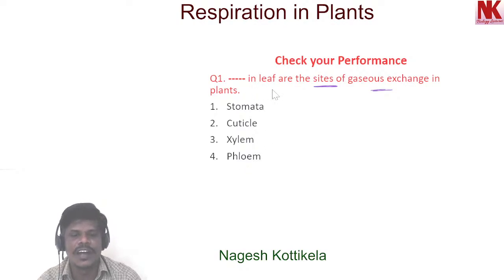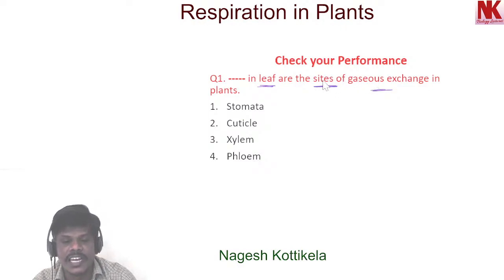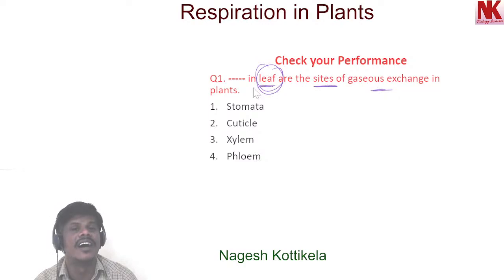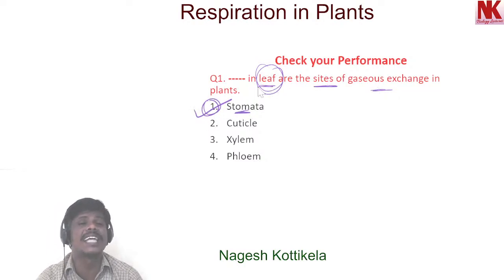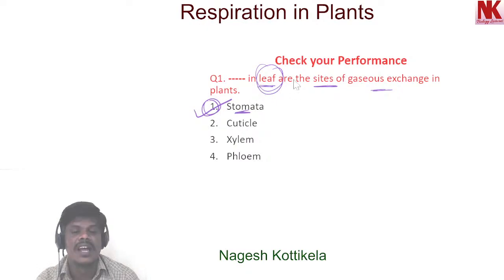Most of the gaseous exchange takes place through which structures present in the leaf? Option 1 is the correct option. Stomata in leaves are the sites of gaseous exchange in plants.